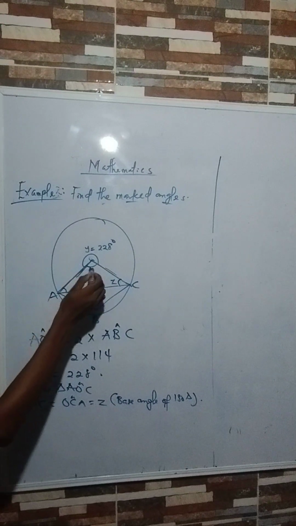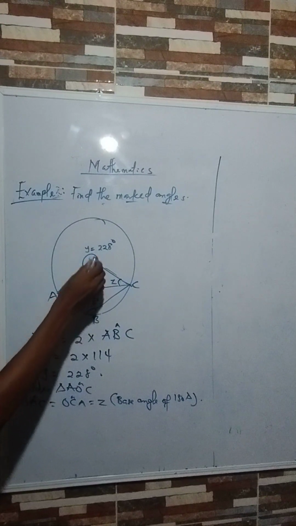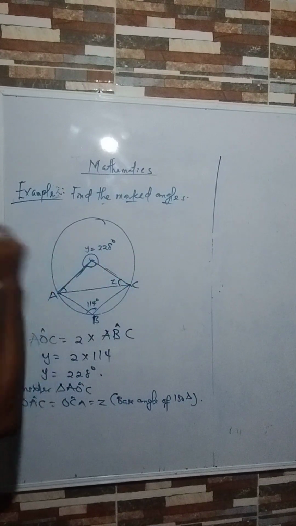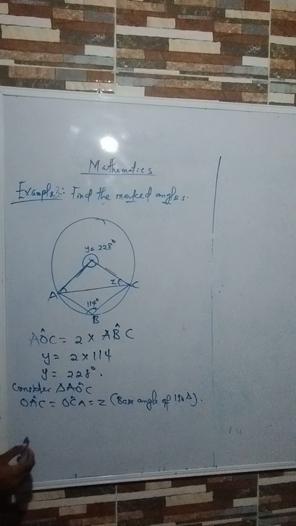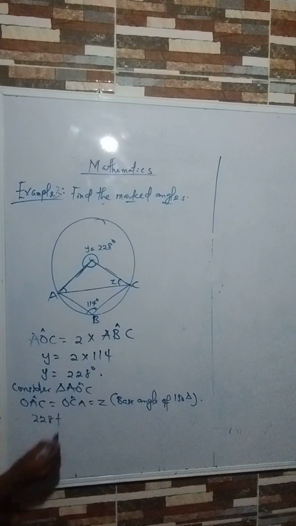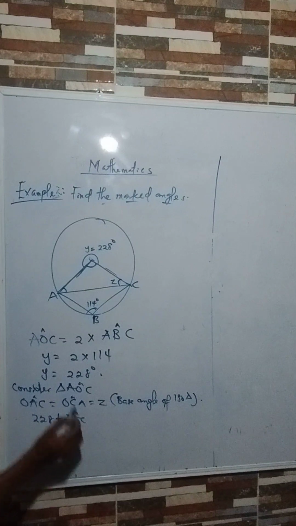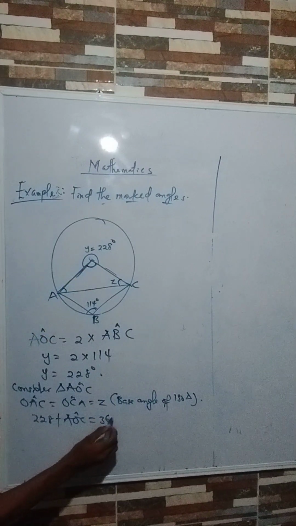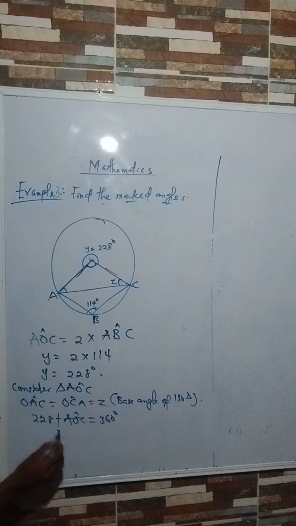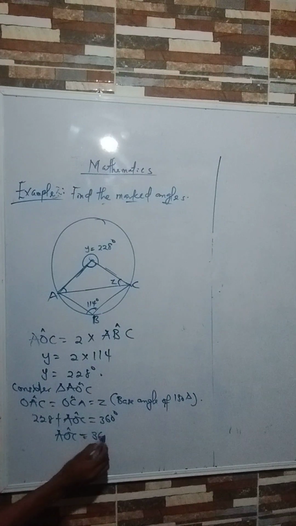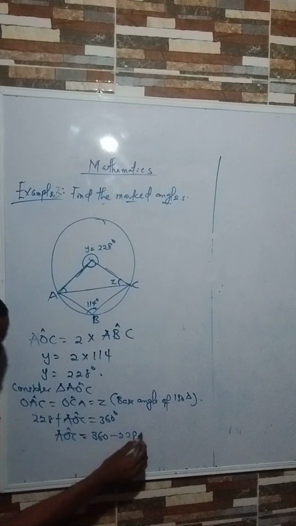Now I can find this angle here. Because I know that my AOC plus this value of Y here is equal to 360, angle at a point. So I can say that my Y, which is 228, plus AOC, that is the internal one, is equal to 360 degrees. So your AOC here is equal to 360 minus 228.